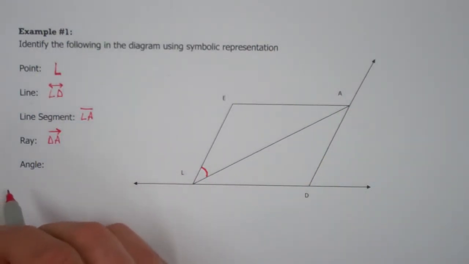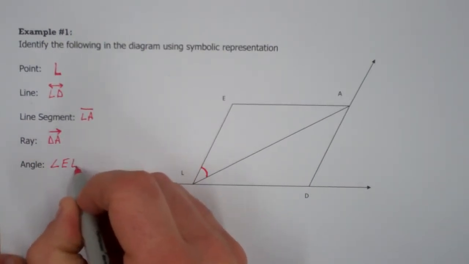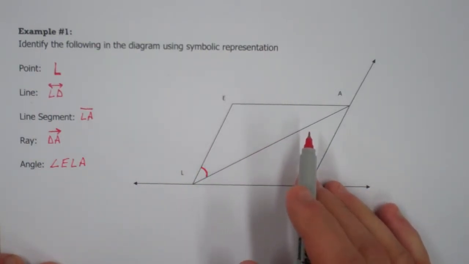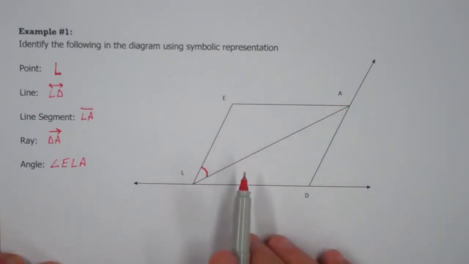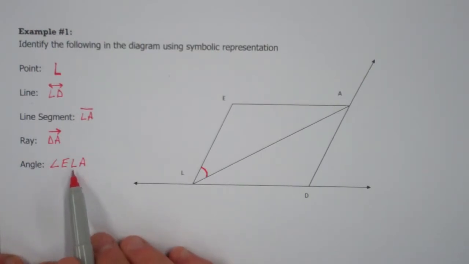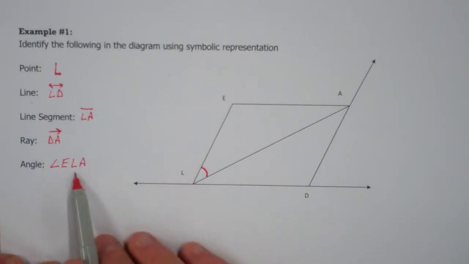So for this one, we could list angle ELA. There's many other ways that you could write that. Well, maybe just one here. But there's many other angles that you could also pick and choose as well. The point with this is you've got to have the angle symbol and then the vertex, that point where the angle is right here, that needs to go in the middle.